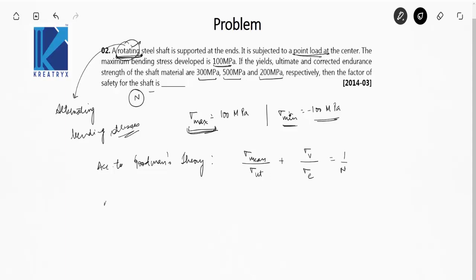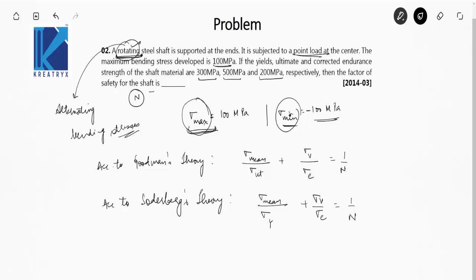And according to Soderberg's theory, this will be sigma mean upon yield strength, that is the one change here, plus sigma v by sigma endurance is equal to 1 by n. So it is a rotating shaft, and that implies it is subjected to fluctuating load, sigma maximum is equal to 100 megapascal, sigma minimum is equal to minus 100 megapascal.